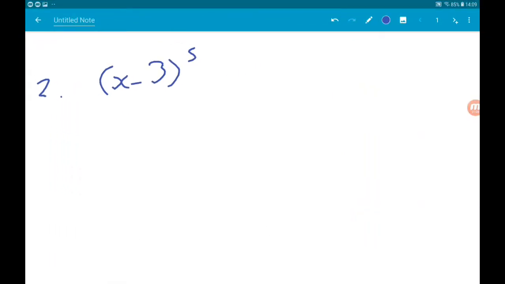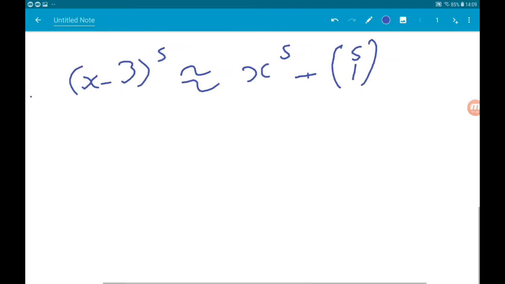if we found the first term, that's just going to be x to the power of 5, and then the second term, that's n choose 1, n for us is 5. Now the power of x goes down by 1, so we get x to the 4, and then the power of minus 3 goes up by 1.